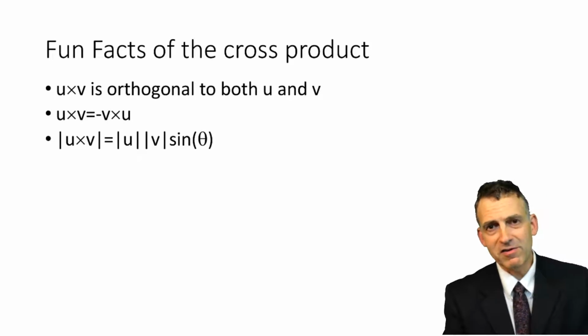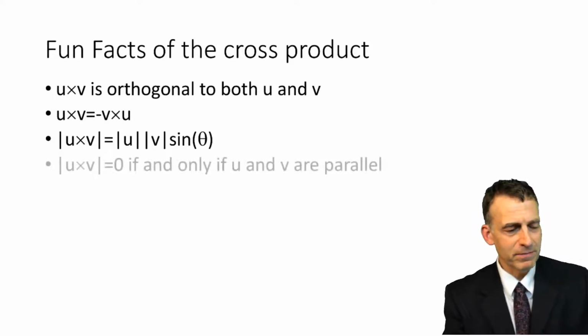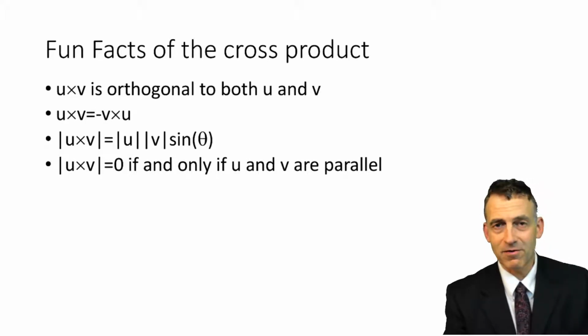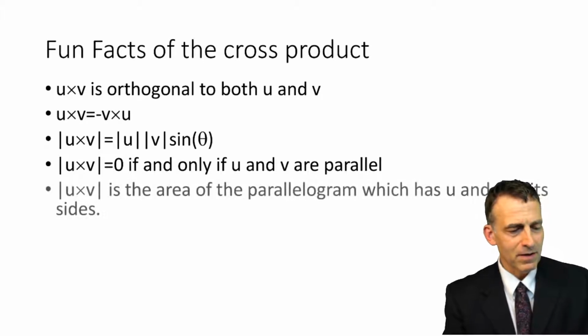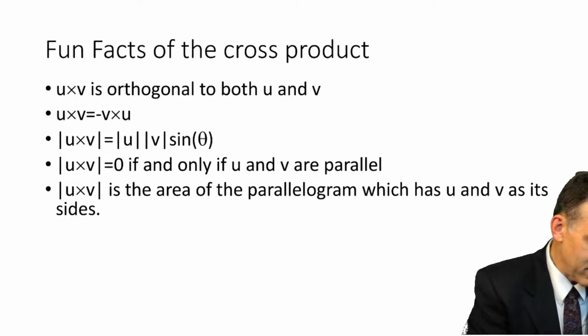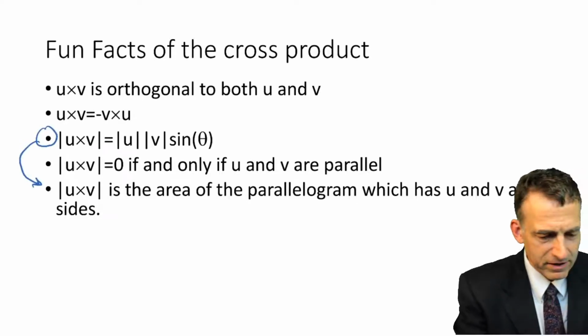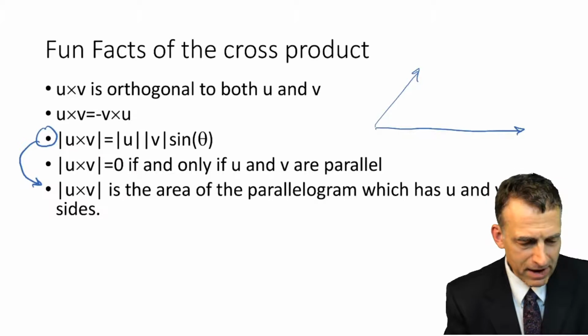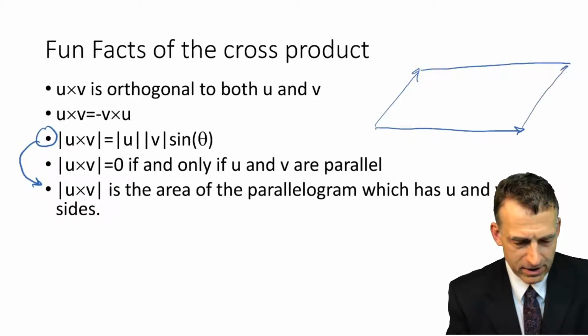Once you know this, you can also conclude that if the two are parallel, then the cross product will be 0. This one is related to the area. If you have two vectors and you work out the cross product, its magnitude will be the area of this parallelogram.